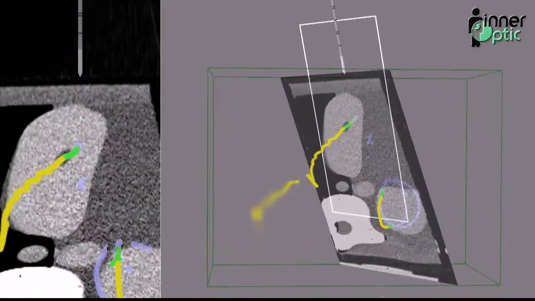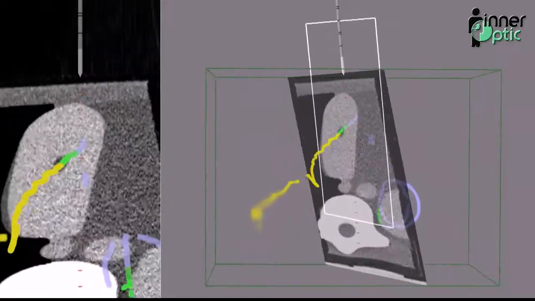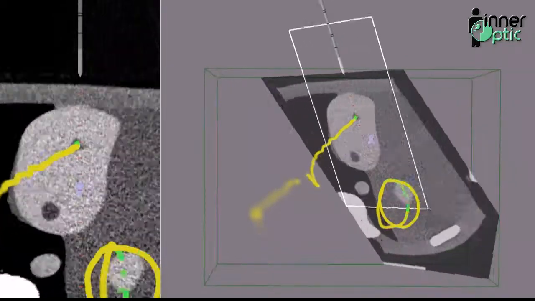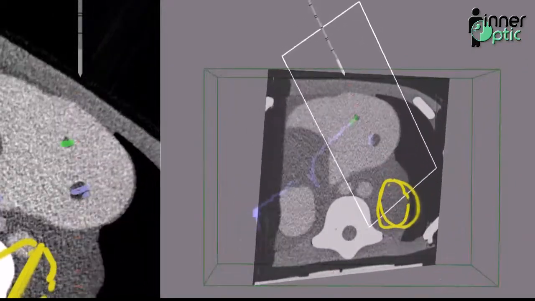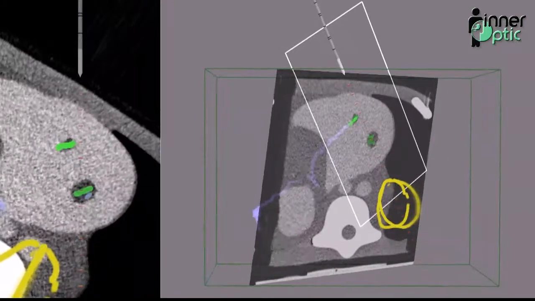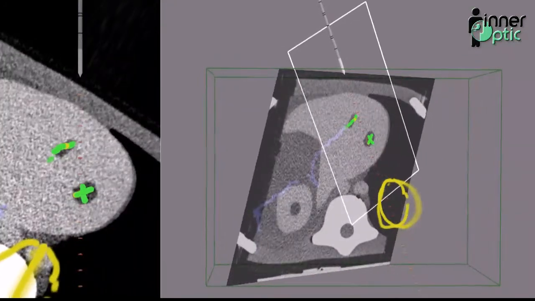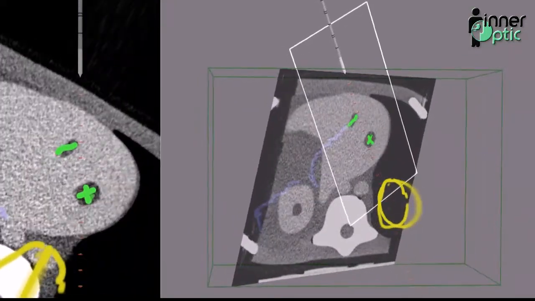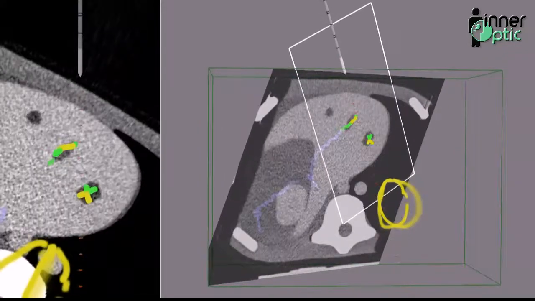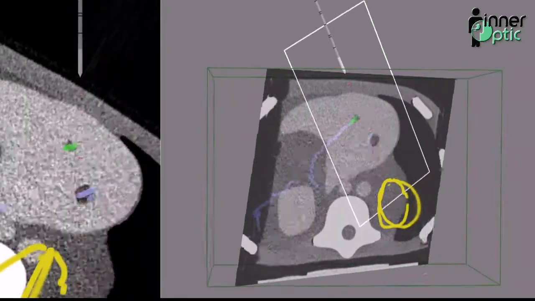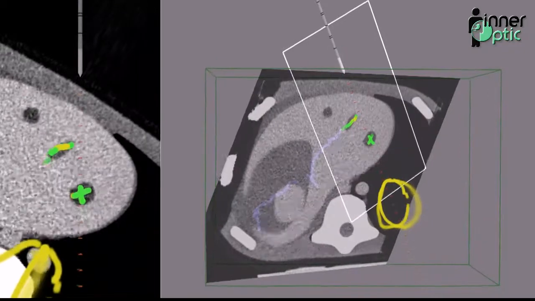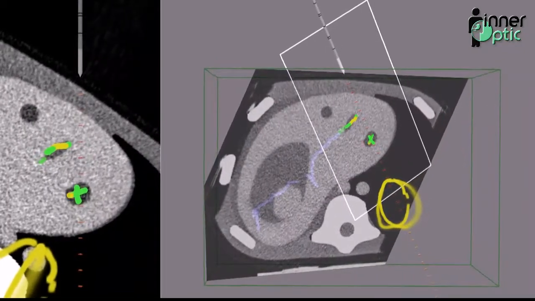So the tumor that I marked earlier, I will now try to place this microwave ablation needle into that tumor. And you can see we're very close to the end of that blood vessel, so I do need to be careful to avoid that while still centering the needle in that tumor.